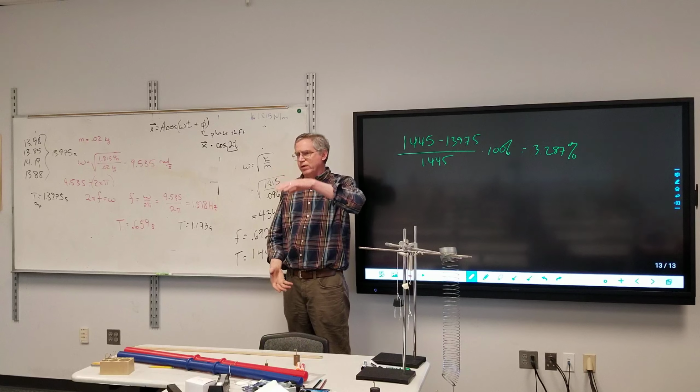Timing 20 oscillations might work better than timing 10 oscillations. And our masses here, if we actually figure out what the actual mass was instead of trusting the manufacturer, might get a little bit closer. Things that in theory would chip away at our error.